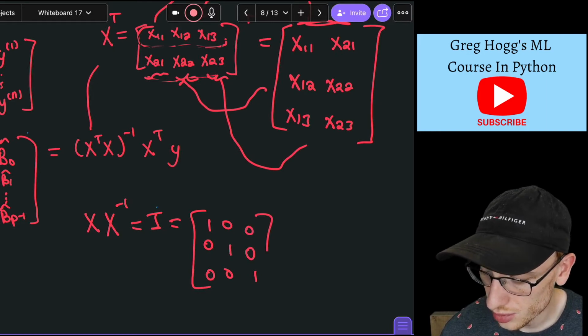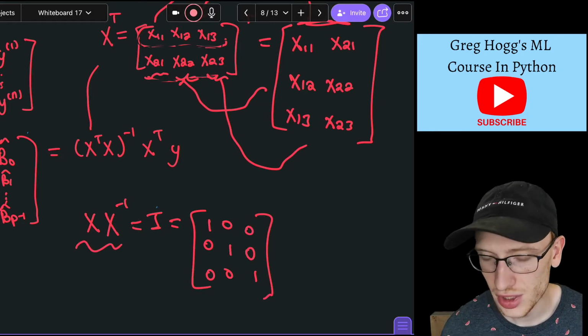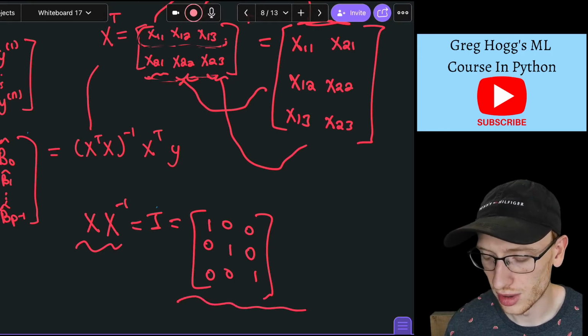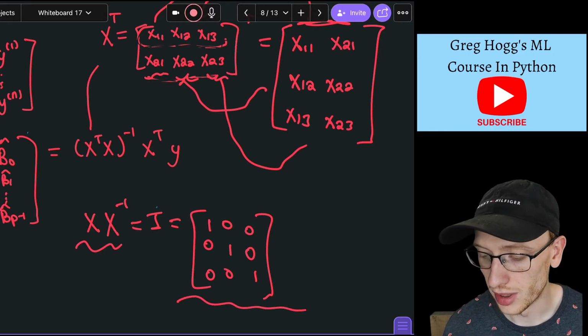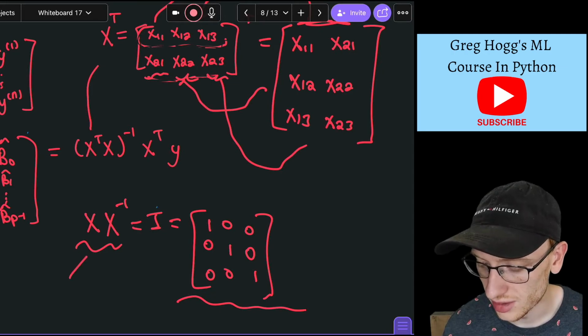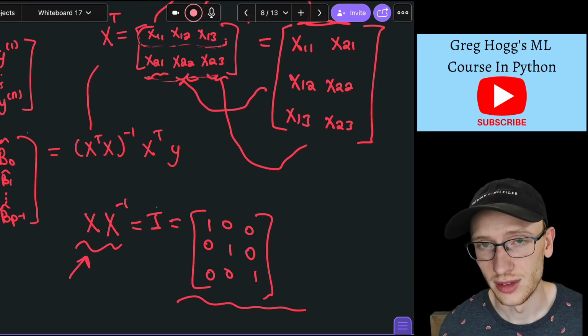Okay? And I wasn't worrying about the particular dimension of this thing. This dimension might have been wrong. It might not have looked just like this 3x3 thing. I'm just saying for whatever X is, you can look up exactly what the inverse of it is.